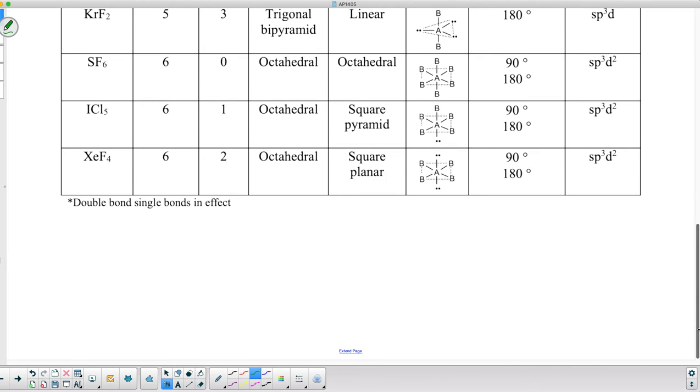If I have all 6, like you will see sometimes SF6 like this, which means fluorine, fluorine, fluorine, fluorine, fluorine, and fluorine. So that's octahedral, when you split up all of sulfur's lone pairs.